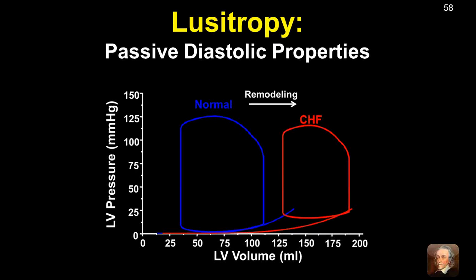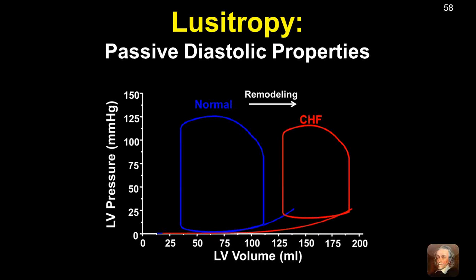All those things and other factors cause progressive shifting of the end diastolic pressure-volume relationship out towards larger volumes. That process is referred to as remodeling and is a fundamental and very important thing to study and understand.